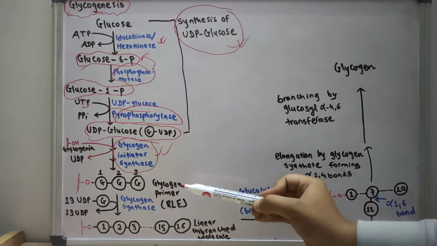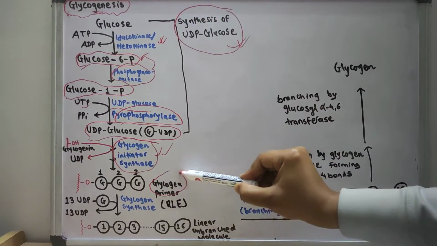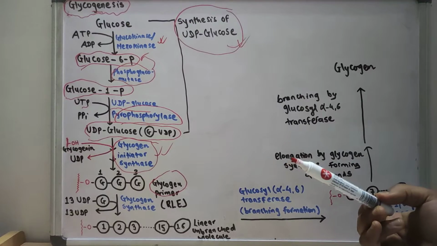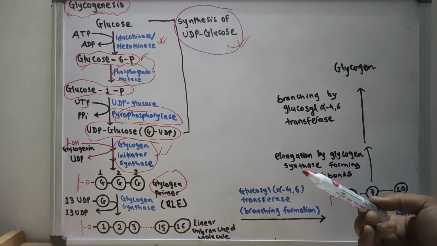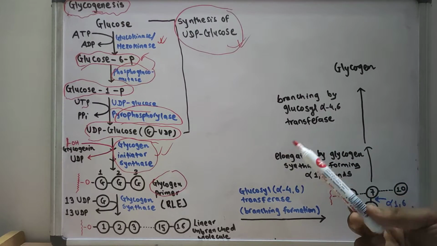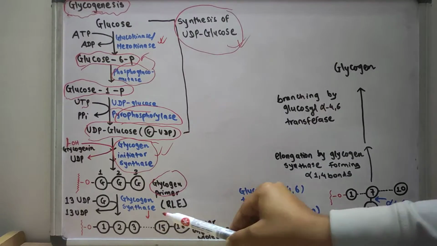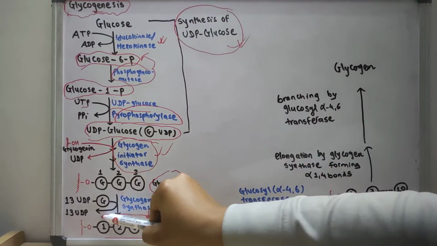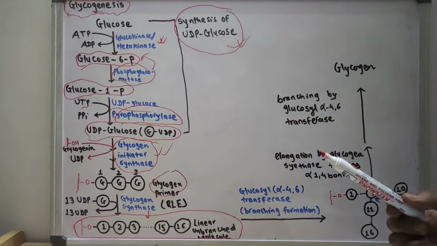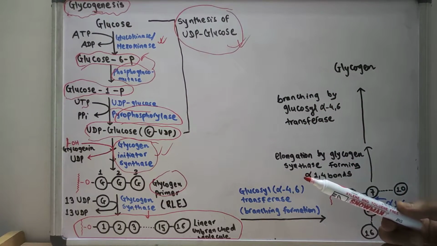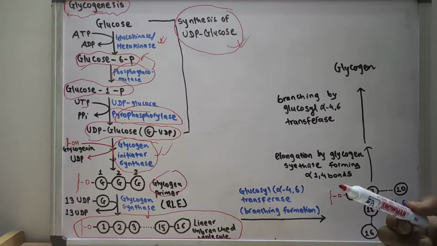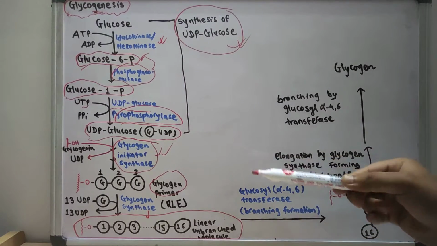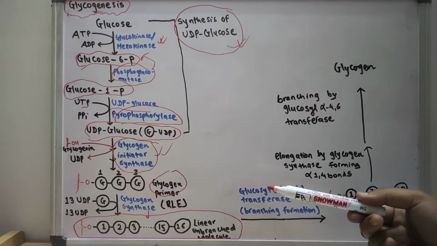As you can see there, we get the first glycogen primer with the help of glycogen initiator synthase. And with the help of glycogen synthase, we get a full linear unbranched molecule. So glycogen synthesis by glycogen synthase occurs after the glycogen initiator synthase.